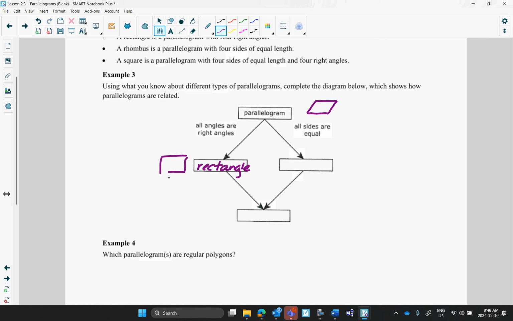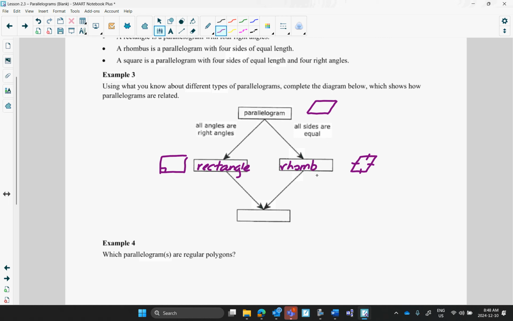Nice. If all the sides become equal, it becomes a what? Not a square, because they're not right angles. What's the other type where they're all the same? Rhombus.